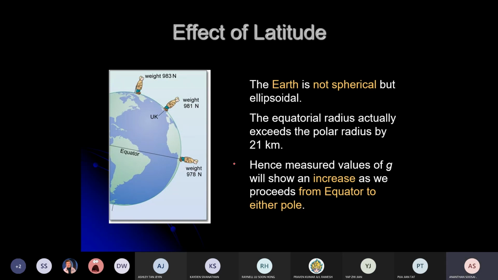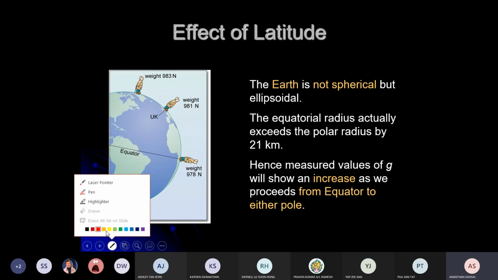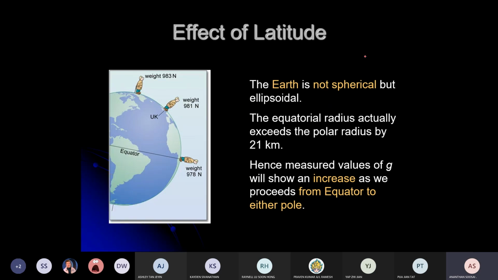So how does this cause the change in gravity? Of course, r different means g different, right? According to what formula? g equals GM over r squared.